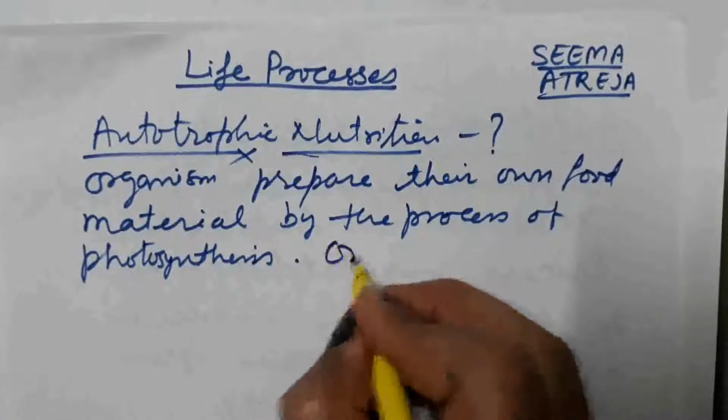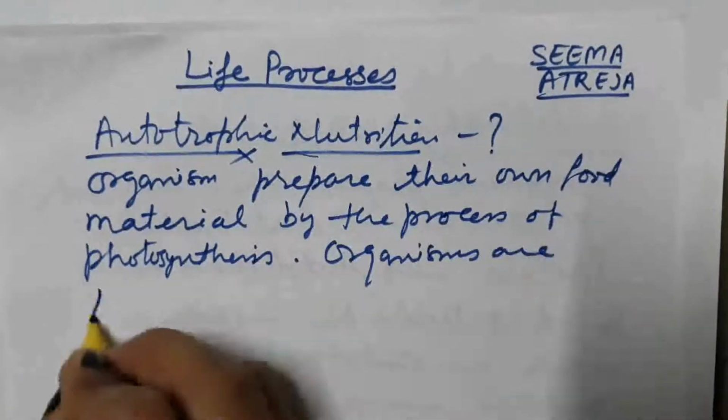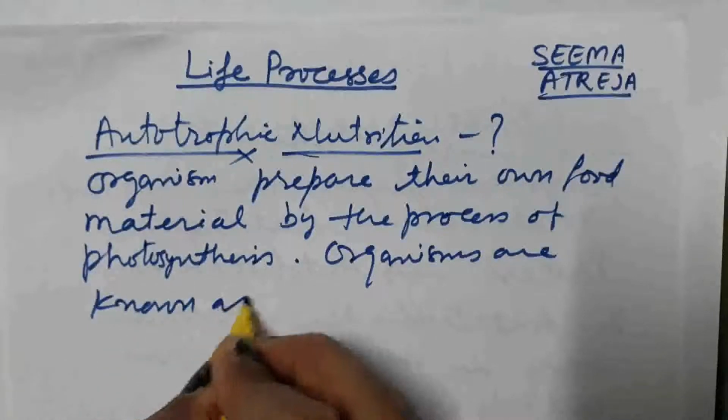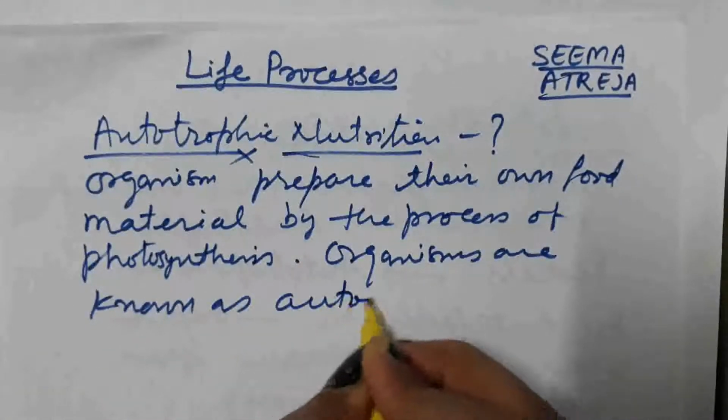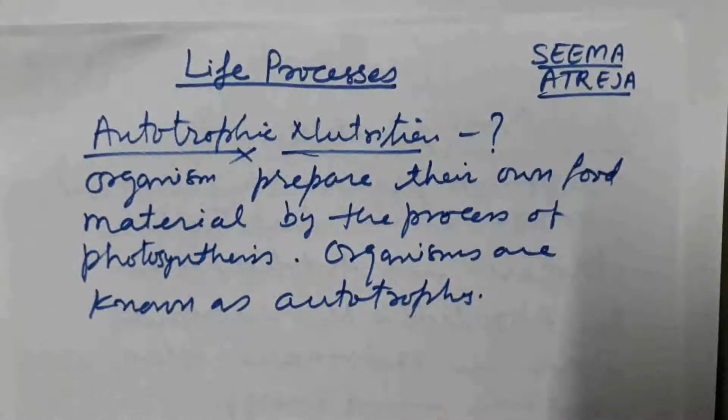These organisms are known as autotrophs, and the process of their food synthesis is known as autotrophic nutrition.